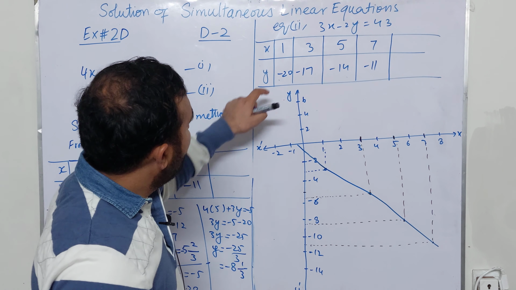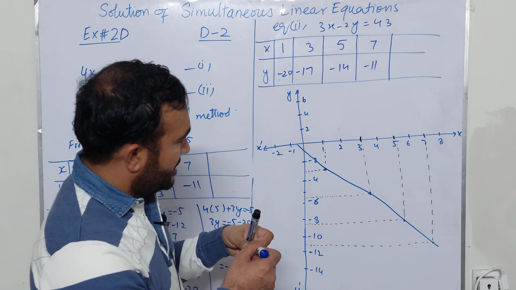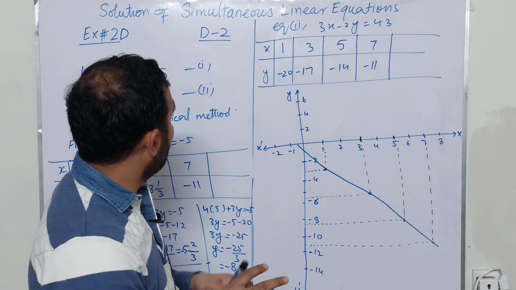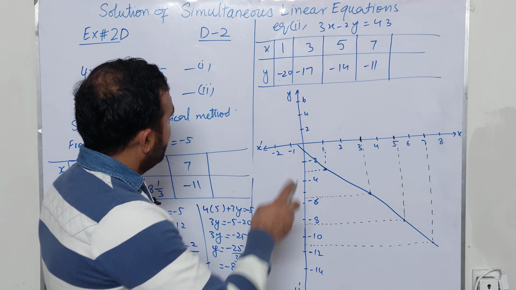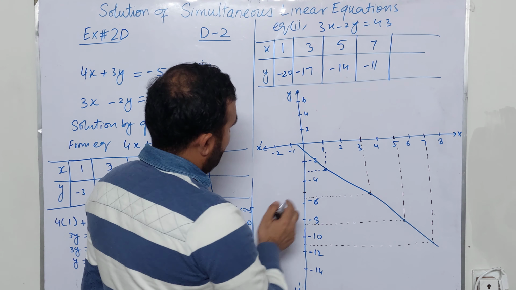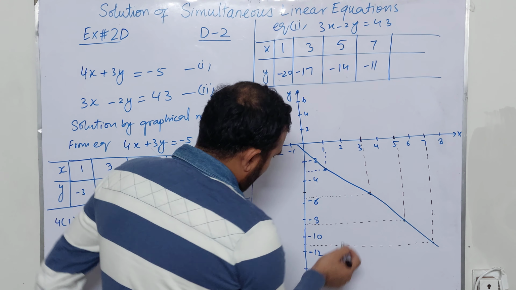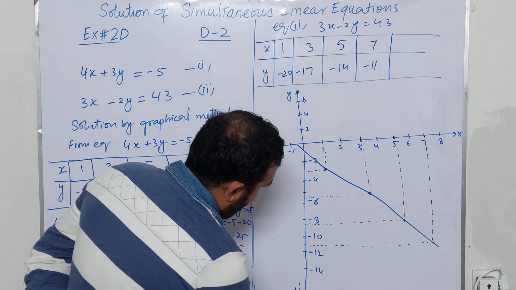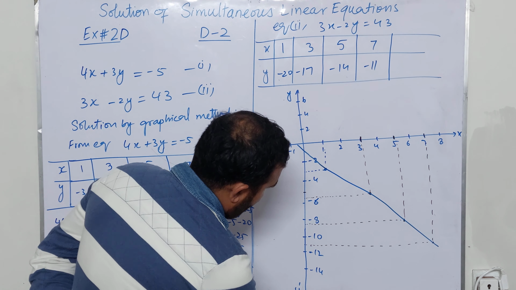Okay, similarly we have to draw the graph of the next equation, and in this one when x is 1 then y is minus 20. When x is 1 then y is minus 20, so it will be at the bottom, right?